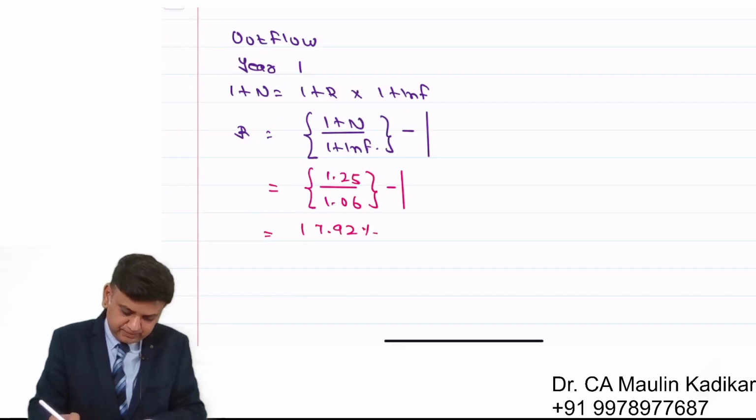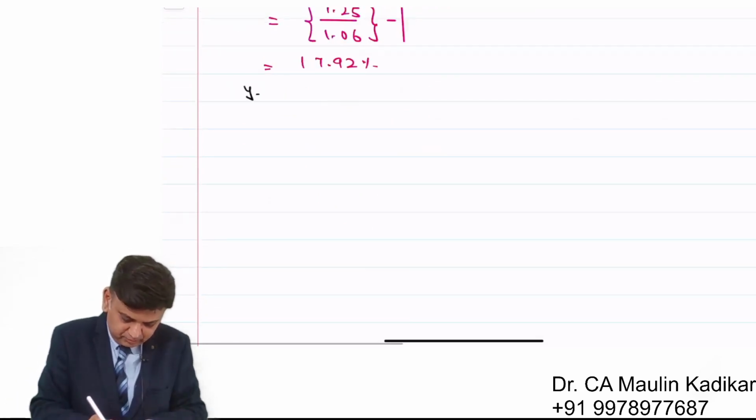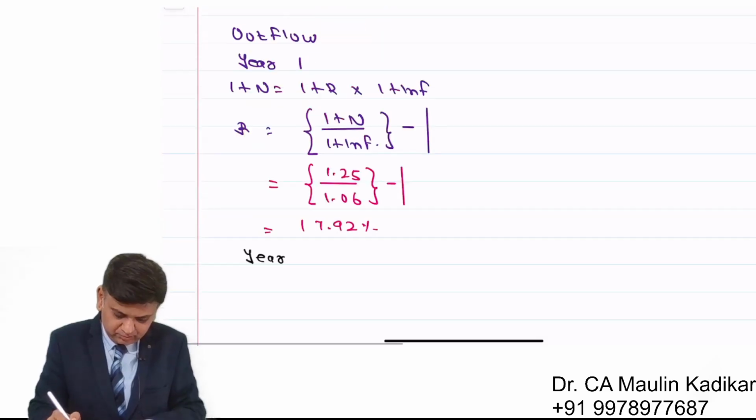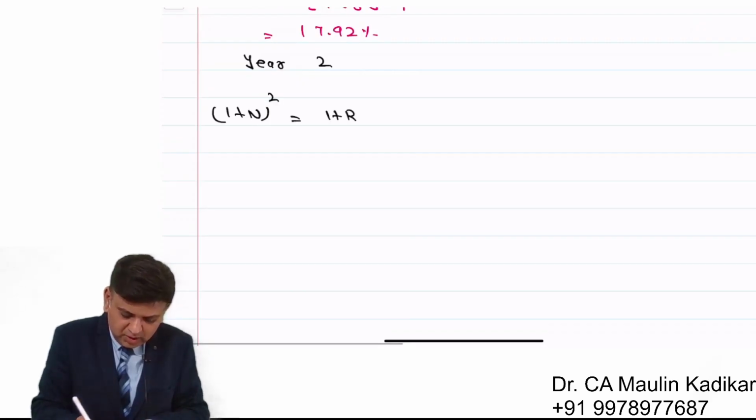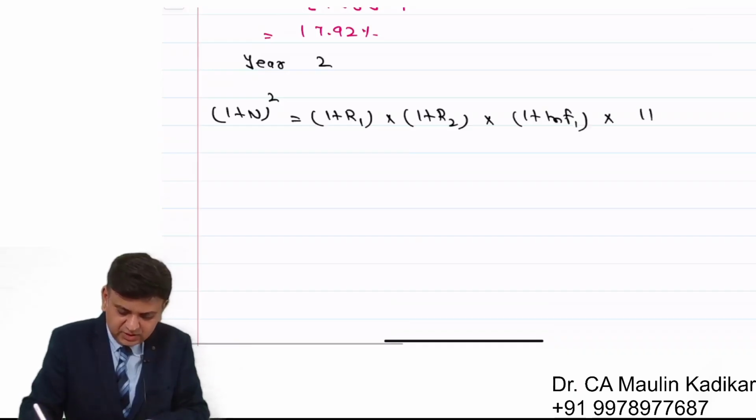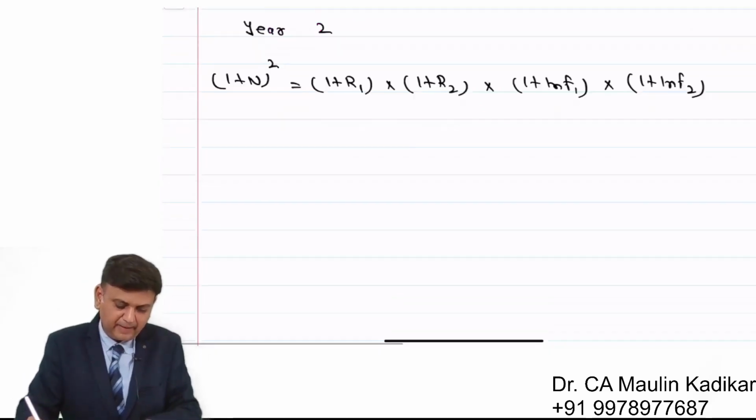Similarly for year 2, 1 plus nominal raised to 2 equals 1 plus real for the first year into 1 plus real for the second year into 1 plus inflation for the first year, 1 plus inflation for the second year.